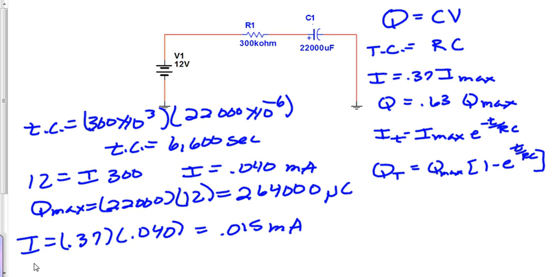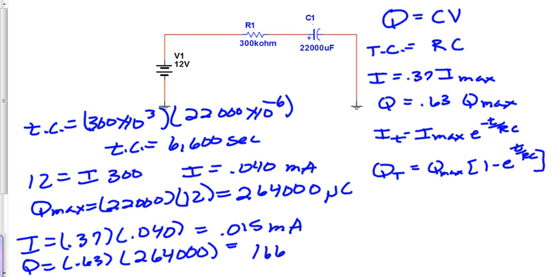Now the charge at one time constant would be 63%, or 0.63, multiplied by our maximum charge of 264,000. Okay, and that is going to equal 166,000 microcoulombs.